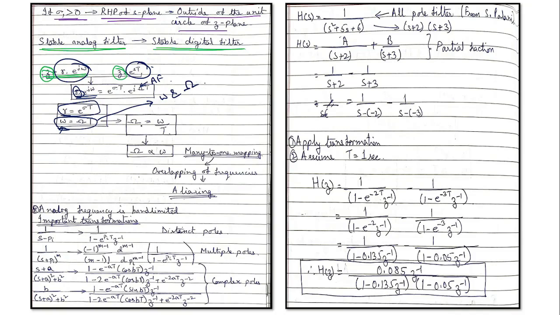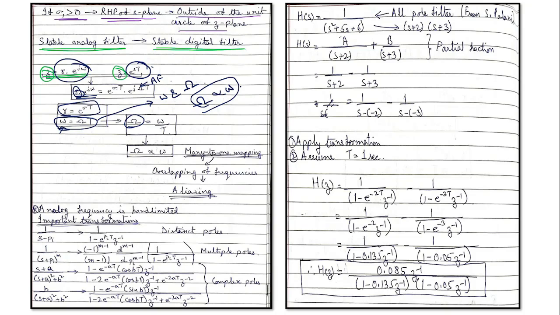From here we can also calculate the analog frequency, which is given by the digital frequency divided by capital T. The takeaway point from here is that the analog frequency is directly proportional to the digital frequency omega. But there is a problem over here also.